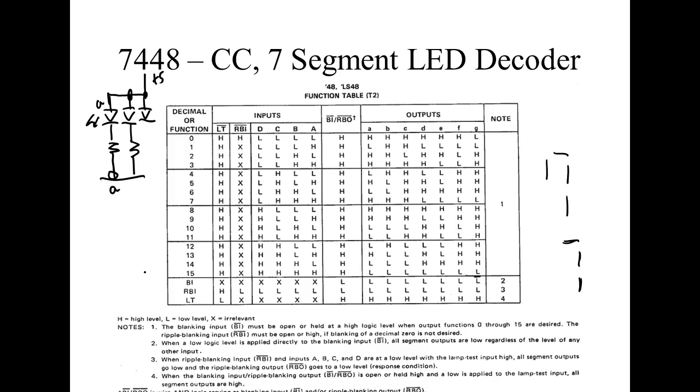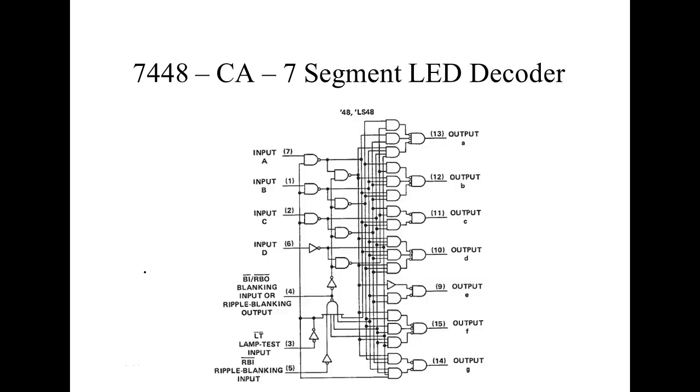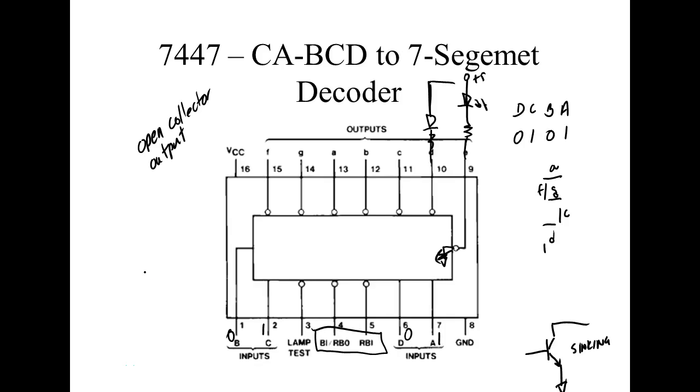Now that's got a pin. There's no such thing as a pin, right? So what we'd have to do is look at the pin out. So the A segment is where? Yeah, the A segment would be right there. That would be the output, but it would be pin what? 13. That makes sense?